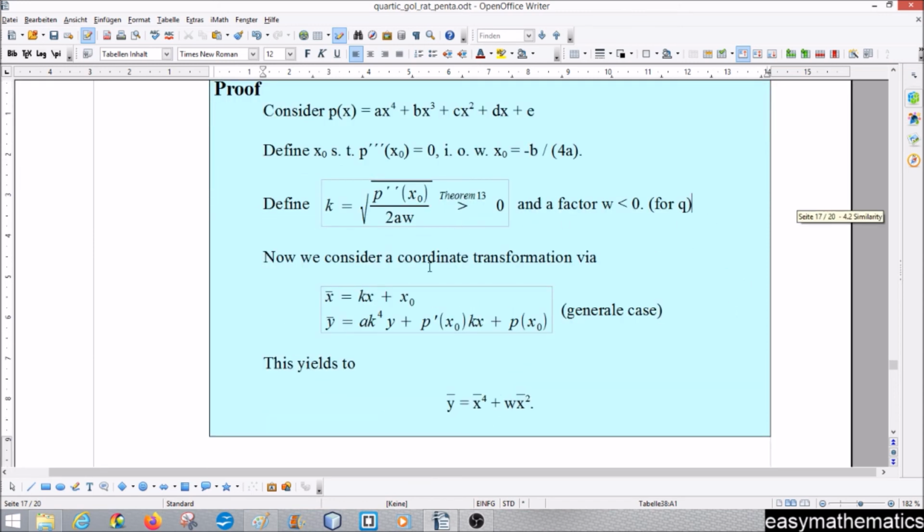And now we consider a coordinate transformation via what? X bar is kx plus x0, and y bar is a times k to the power 4 times y plus p prime of x0 times kx plus p of x0. I wrote here the general case.